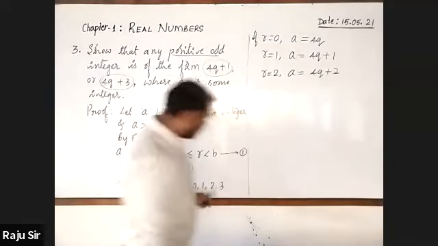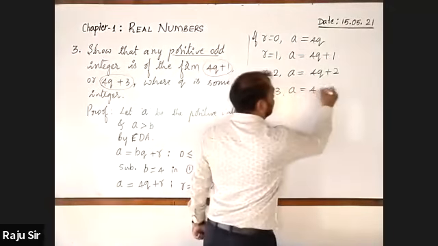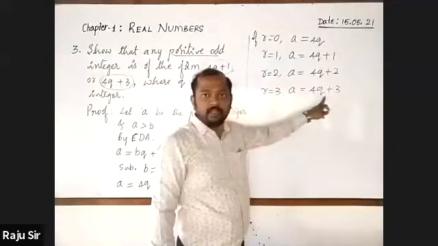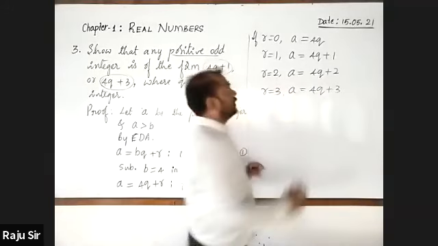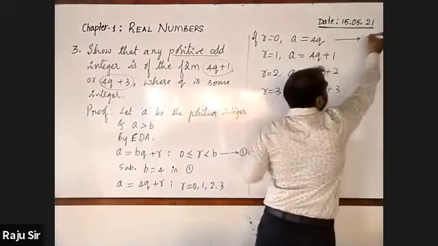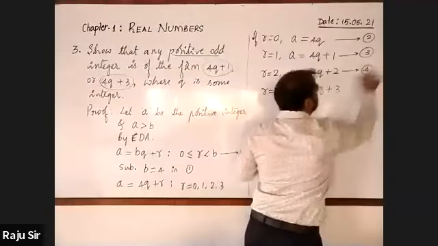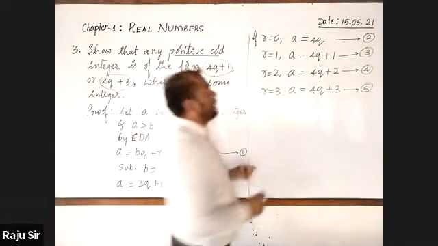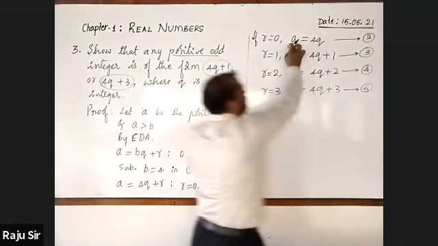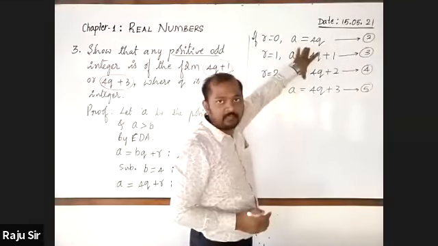Next, if r equal to 3, then a equal to 4q plus 3. See, 3 is an odd number. It has been added to an even number. Hence, you will get again an odd number. Hope that you all have understood. Now, you may call these statements the second one, this is third one, this statement is fourth, and this is fifth. Observe statements 2 and 4. These two statements are divisible by 2, therefore they are even.